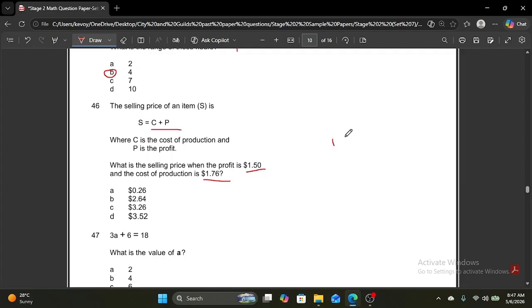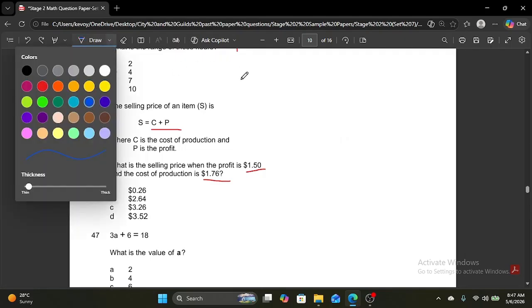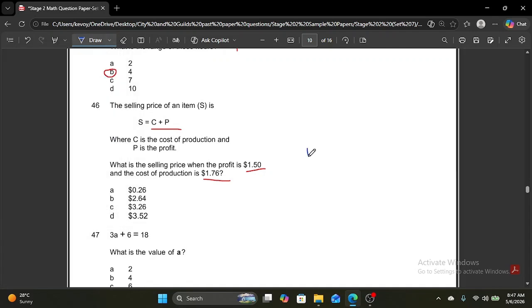So, let me change the color. 1.76 plus 1.50.